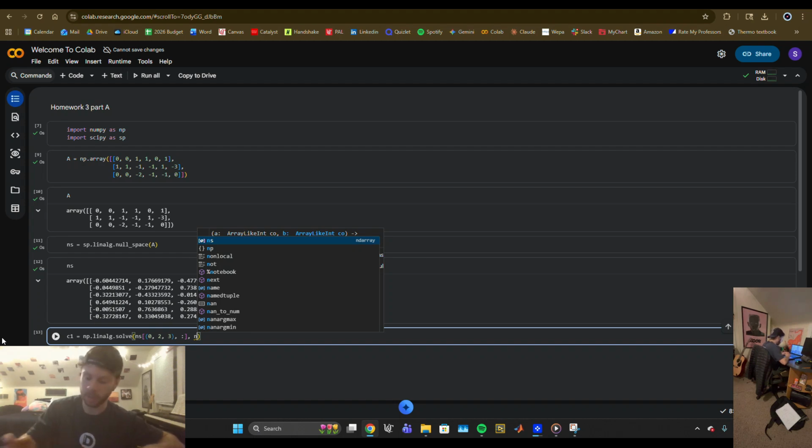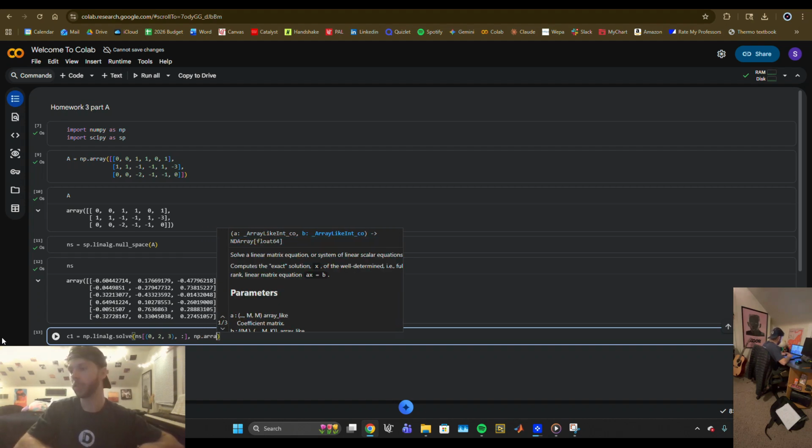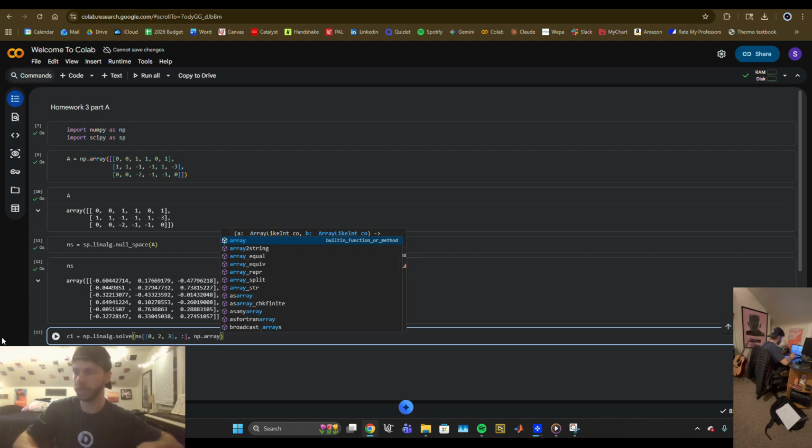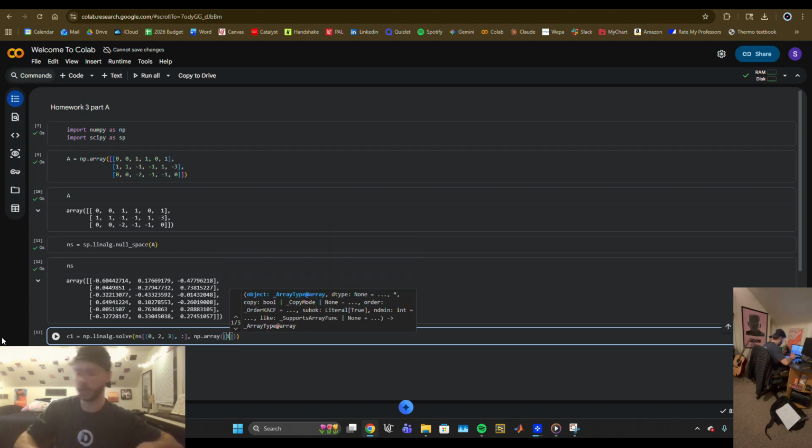For length, that would be 0, 2 for change in pressure, and 3 for viscosity. Then we will create an array for that.